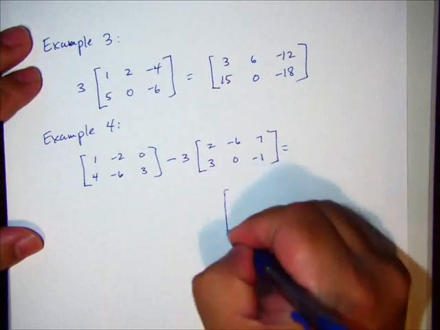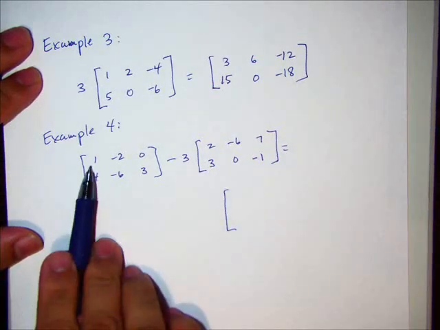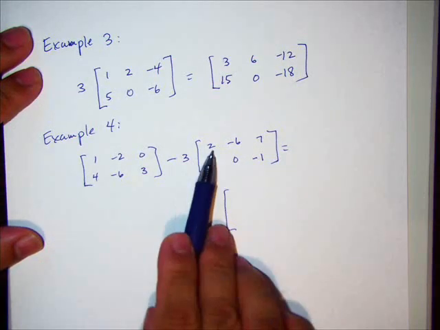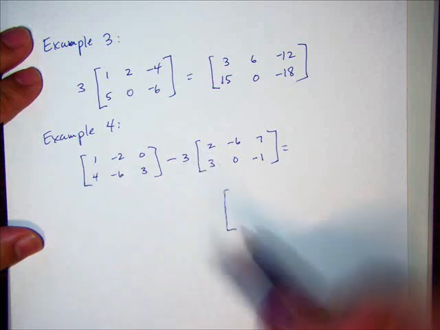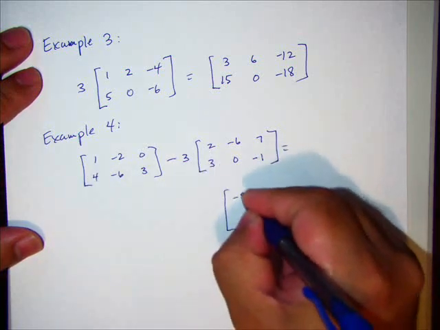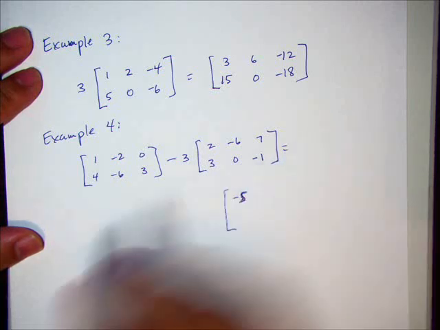So I'll write it over here. Okay, so it's 1 minus 3 times 2. So it's 1 minus 6. Making it negative 5.